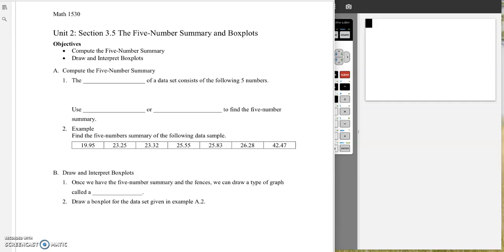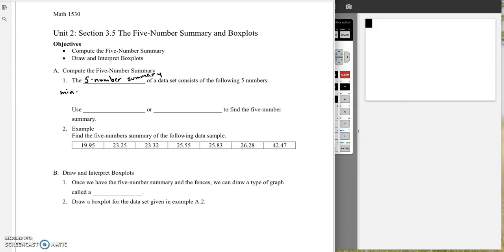This is section 3.5, and we're going to talk about the 5-number summary and box plots. The 5-number summary of a data set consists of the following 5 numbers, and we always write them in this order.